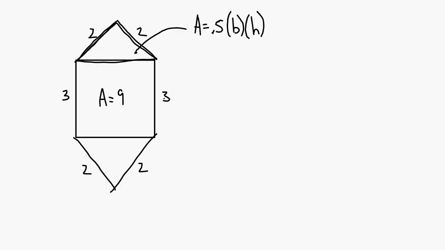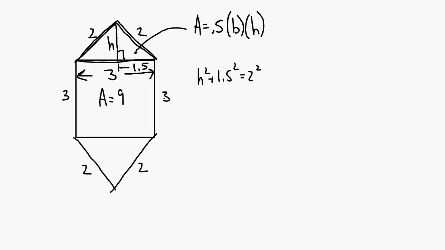Well, if this piece here is 3, then what would half of it be? Okay, so if you drop a vertical in here, this would be 1.5. And now you could use the Pythagorean theorem to find this height, can't you? You could do h squared plus 1.5 squared equals 2 squared.